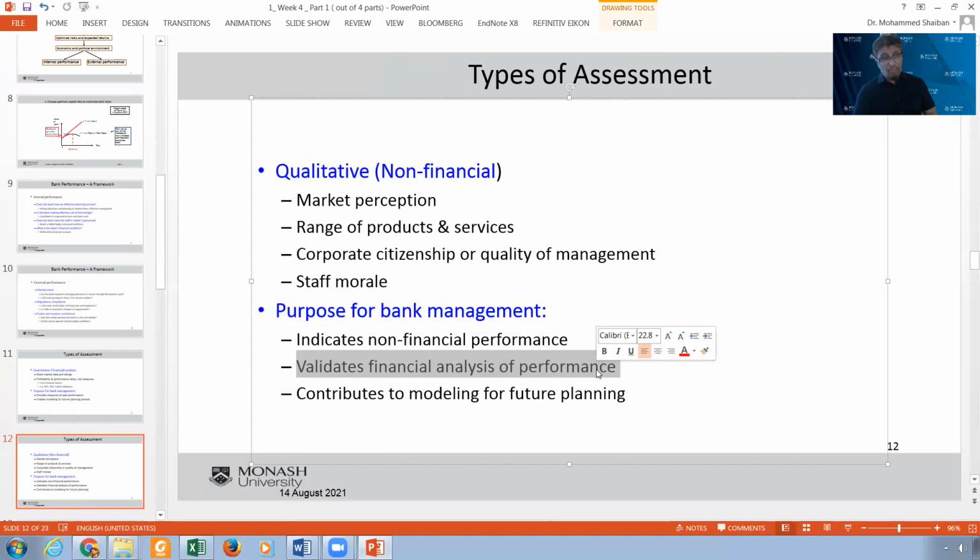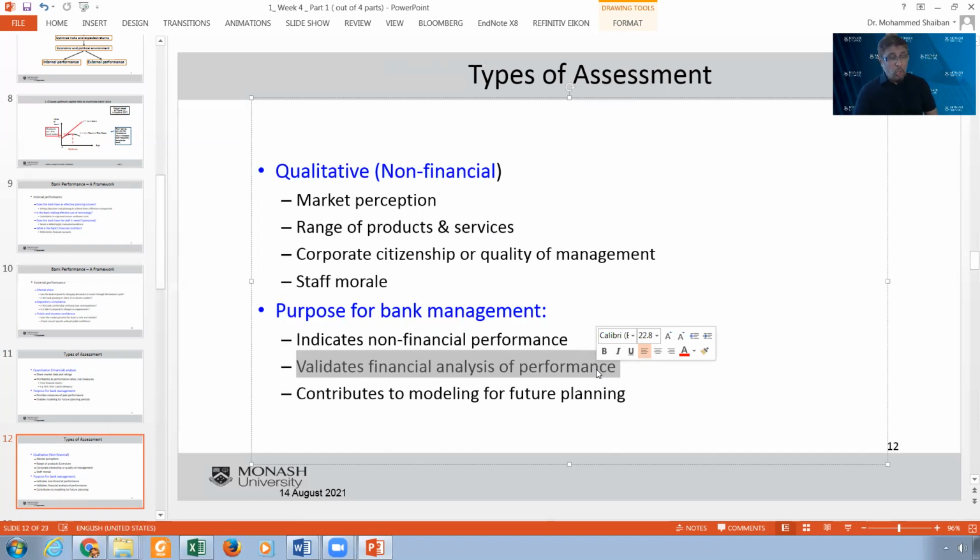If they are making huge profits, that means their market perception is good. If the share price is just hiking and jumping, that means they are very well in market perception. They have good products and services, and they are good in corporate citizenship.